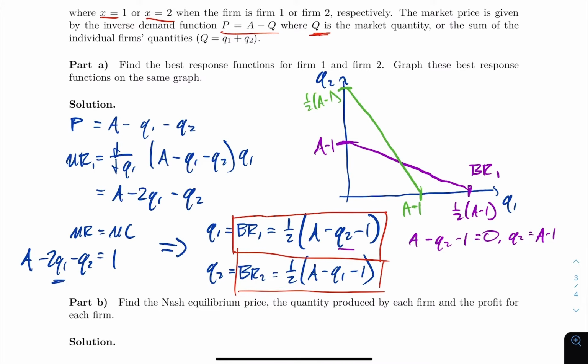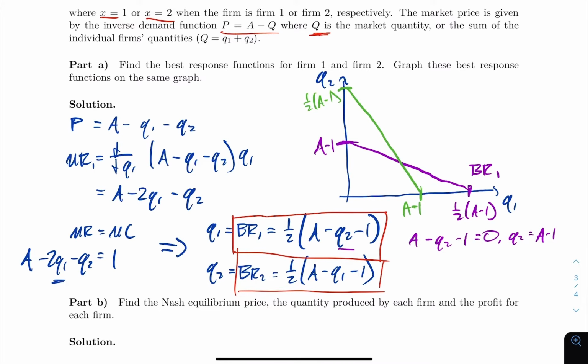So for part B, we find the Nash equilibrium price, the quantity produced by each firm, and the profit for each firm. Okay, so the first thing to do, the easiest way to solve this, is to find the quantities first. So we have Q1, which is equal to 1/2 times (A minus 1 minus Q2).